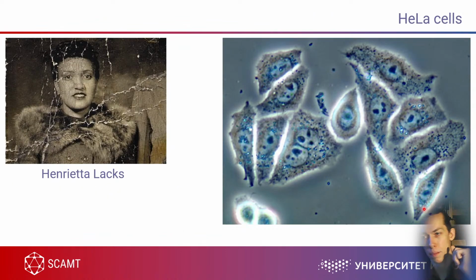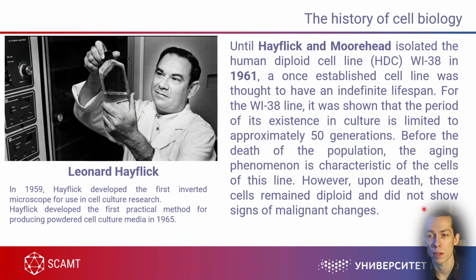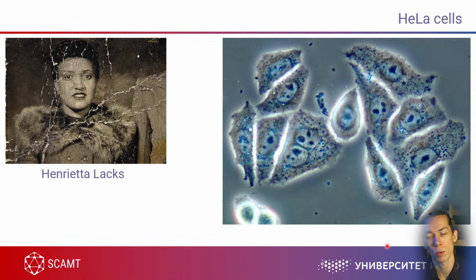So what's so special about HeLa cells? HeLa cells, as I mentioned, have telomeres on the end of chromosomes, and there's an enzyme called telomerase, and this telomerase can extend these telomeres in a controlled or uncontrolled manner. And because of the high activity of this telomerase enzyme, HeLa cells are considered immortal.